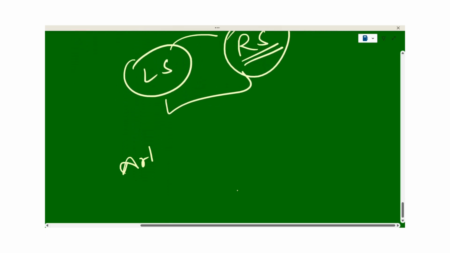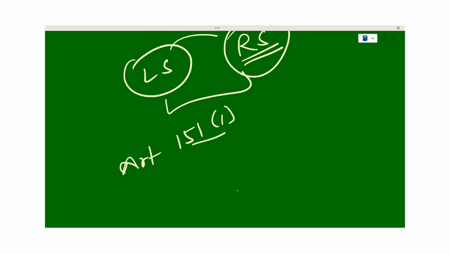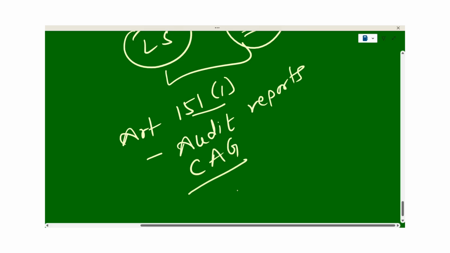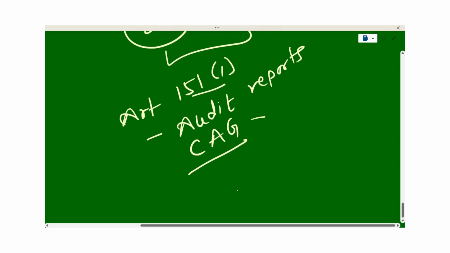Then let's talk about Article 151, Section 1, which gives Rajya Sabha the power to receive audit reports from the Comptroller and Auditor General, the CAG, which is the government auditor.